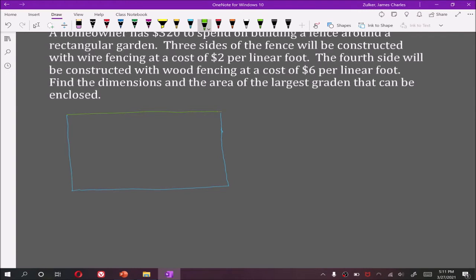And that should be good enough. All right, wire fencing is $2 per foot. Wood fencing is $6 per foot. Now let's introduce variables, so we'll say that's x, that's y, and that's y.